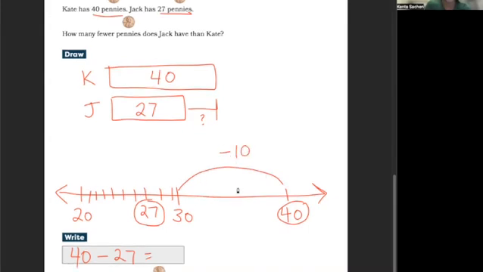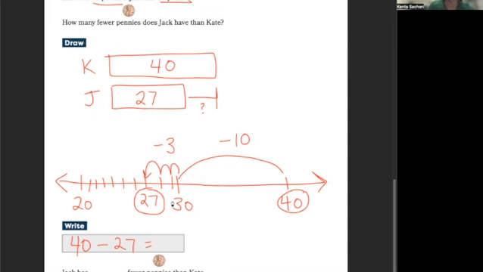To get to 30 using our 10 number to help us out, and then 2, 3 to get to 27. Now all together we have 10 plus 3, or 11, 12, 13. So 40 minus 27 is equal to 13. So we can say that Jack has 13 fewer pennies than Kate.